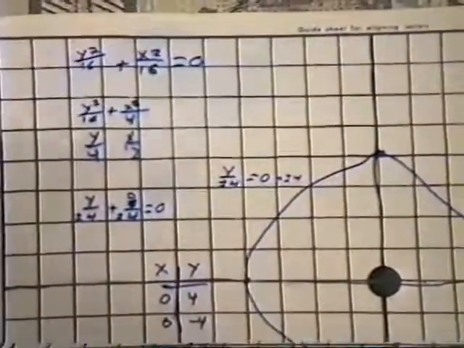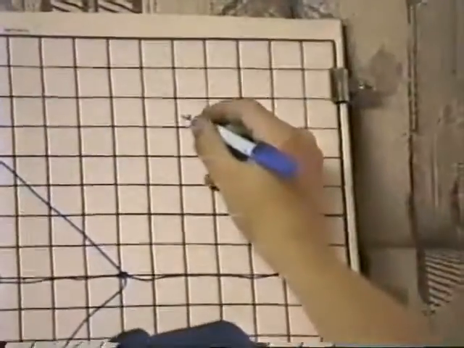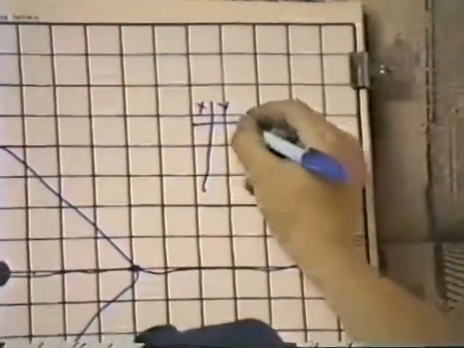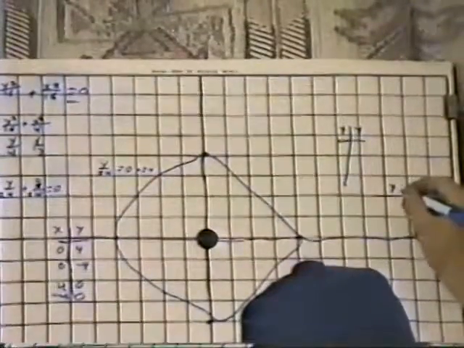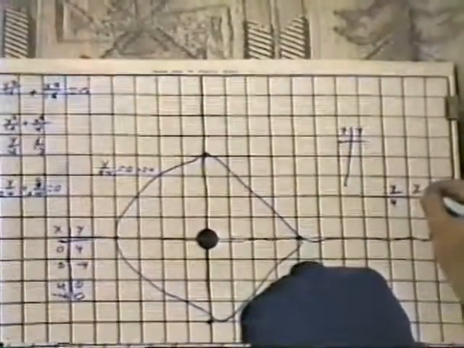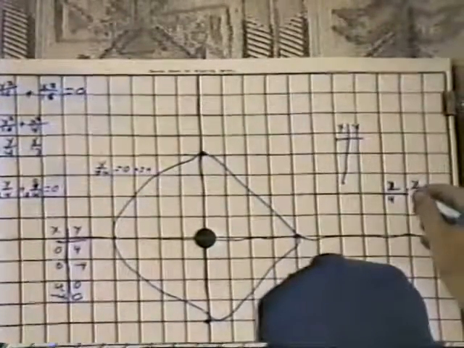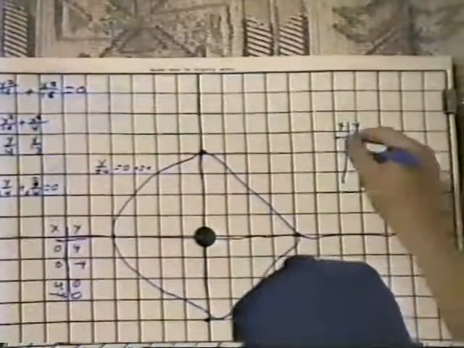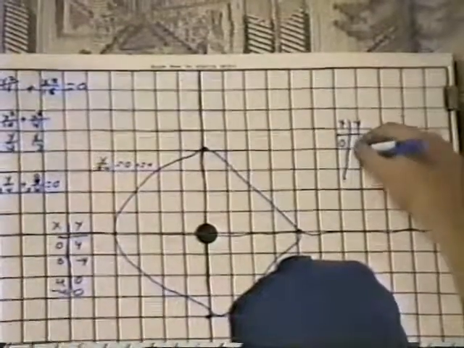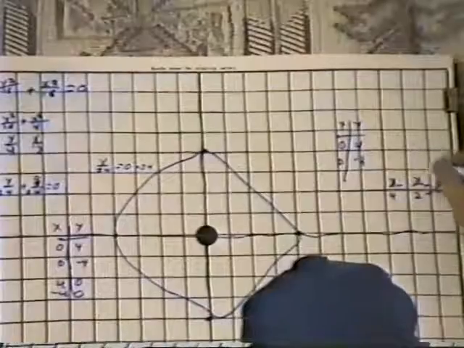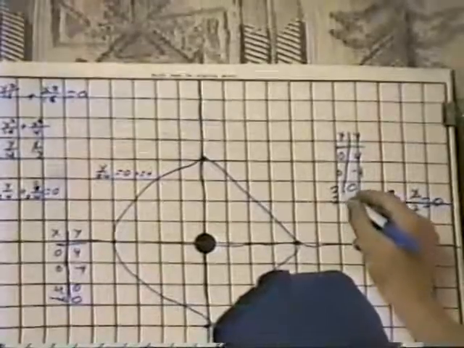So, I'll roll over here. Make another chart. And here's our equation again. Okay, so when x is 0, y is 4 and negative 4, and when y is 0, x is 2 and negative 2.